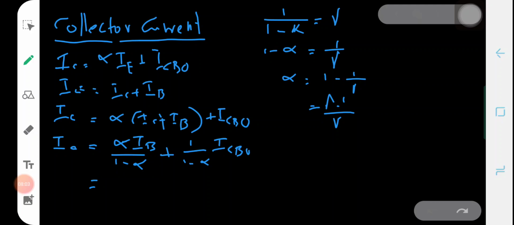So if you substitute it here, we can have alpha divided by 1 minus alpha is gamma minus 1, into IB plus gamma into ICBO.